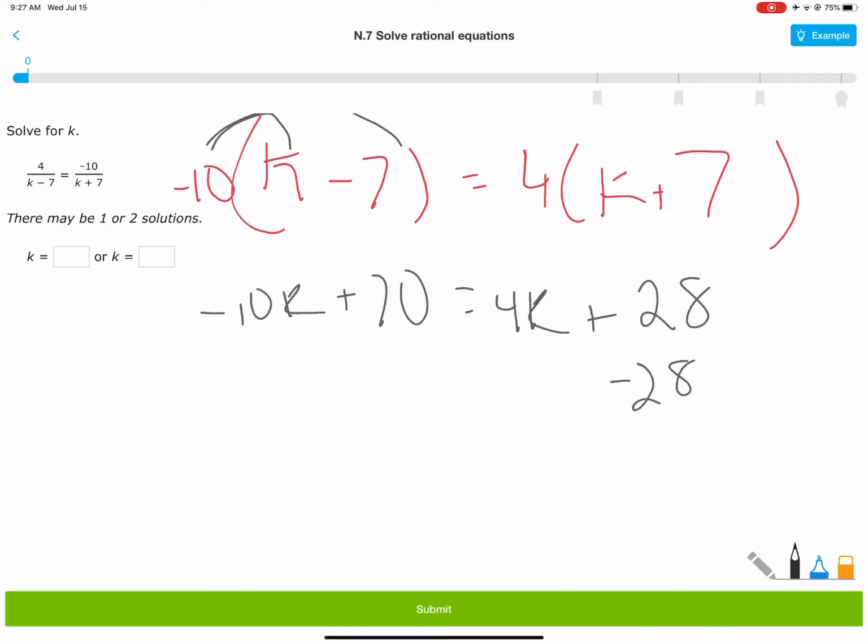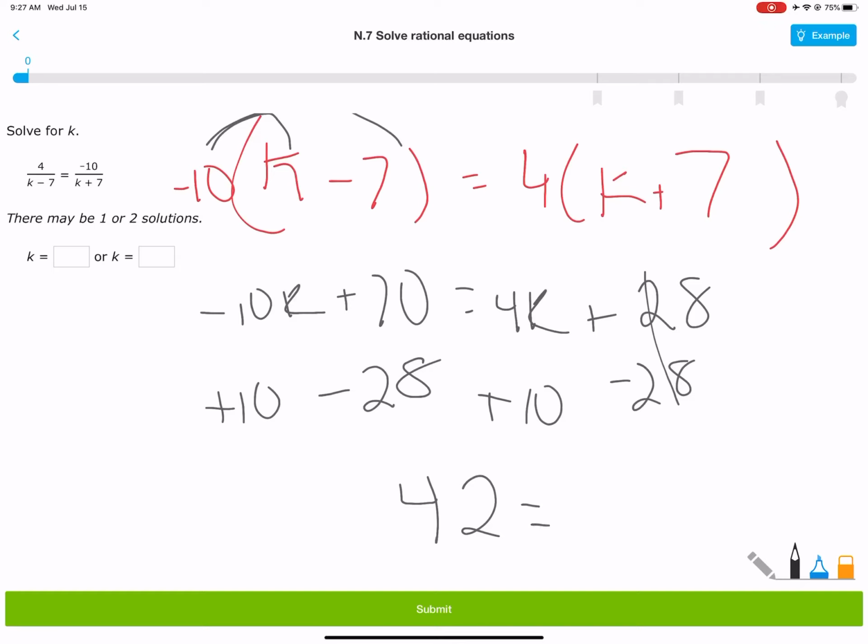Subtract 28 on both sides. And we get 70 minus 28. So we should be at 42. Yeah, 42. And I will also add 10k on both sides.